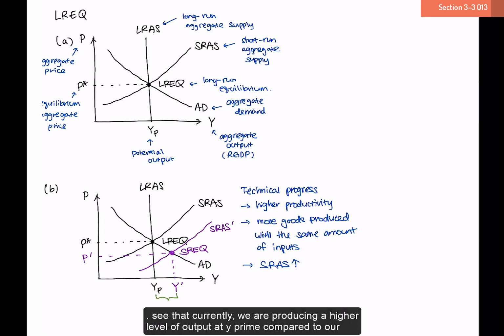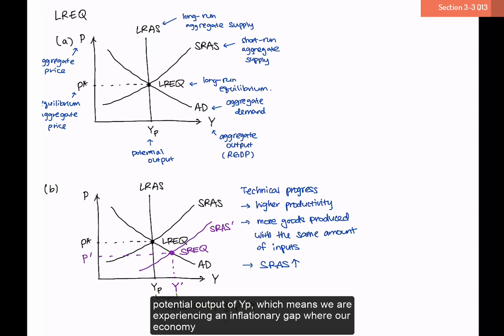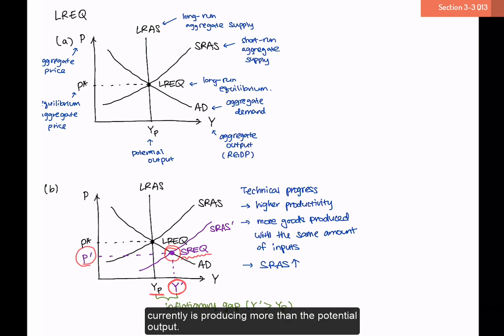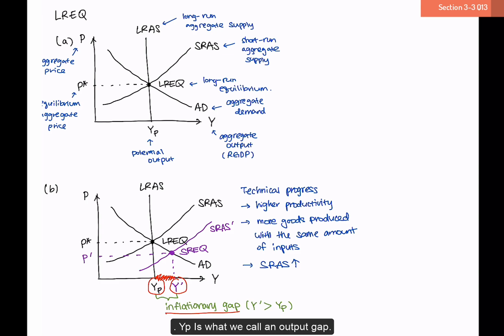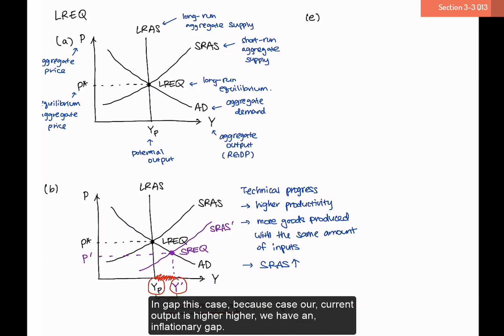You see that currently we are producing a higher level of output at Y prime compared to our potential output of YP, which means we are experiencing an inflationary gap where our economy currently is producing more than the potential output. The difference between the current output Y prime and the potential output YP is what we call an output gap. And in this case, because our current output is higher, we have an inflationary gap.